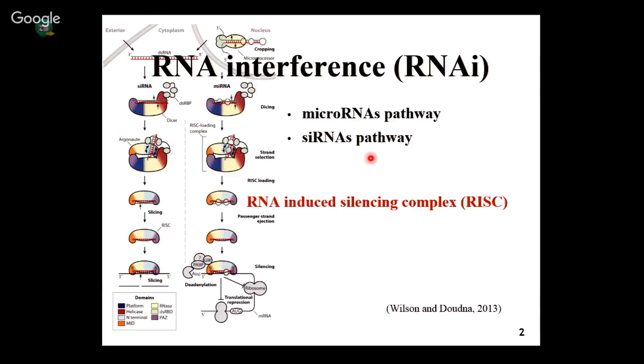These small double-strand RNAs will cooperate with the RNA-induced silencing complex, which we call RISC. Then the RISC will target the mRNA for post-transcriptional regulation.